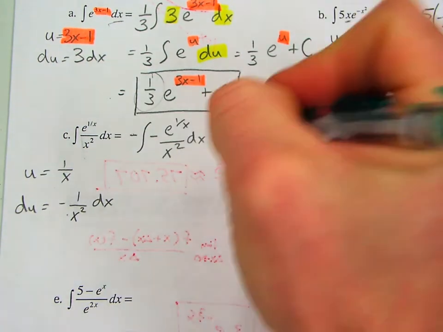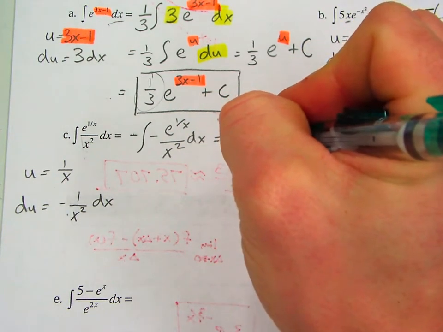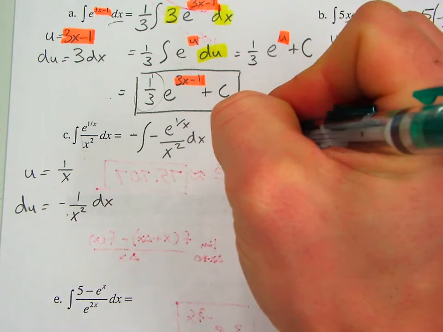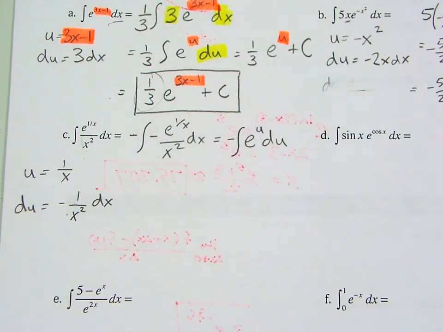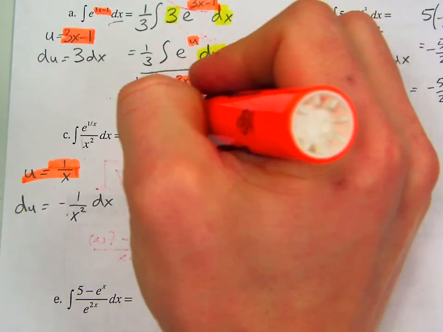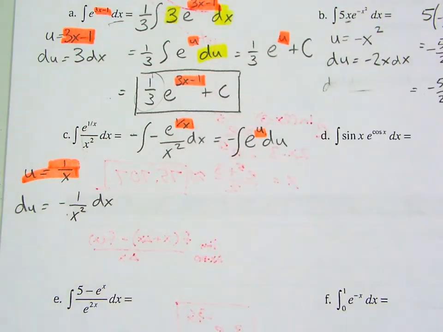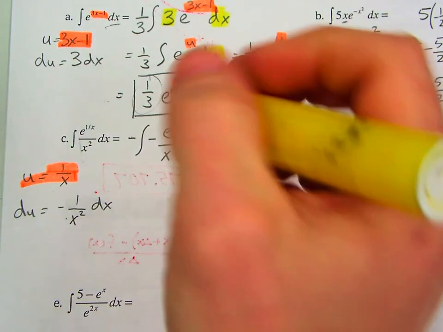And then I can rewrite this using u and du. Okay, and that's probably the trickiest step there. So it's just seeing the u getting replaced, and then finding all the bits of du.